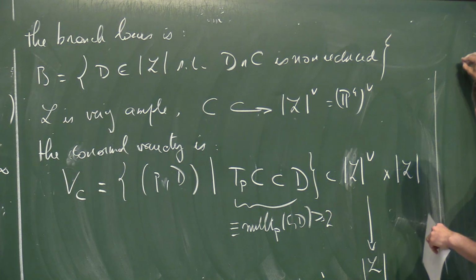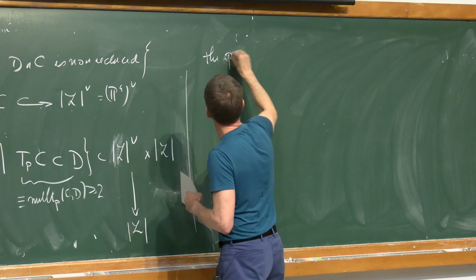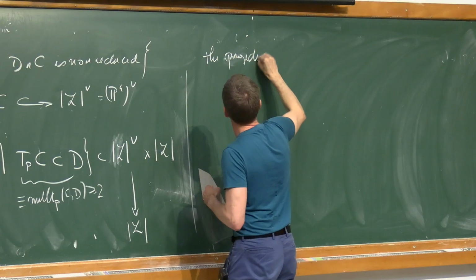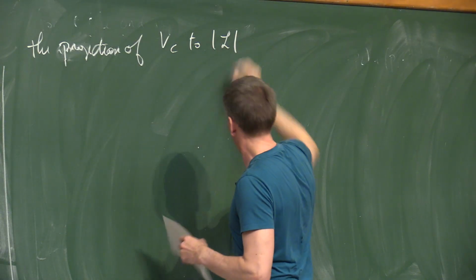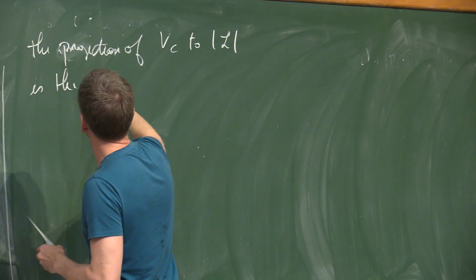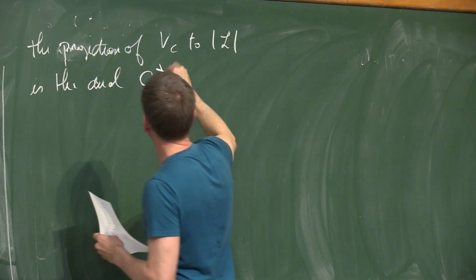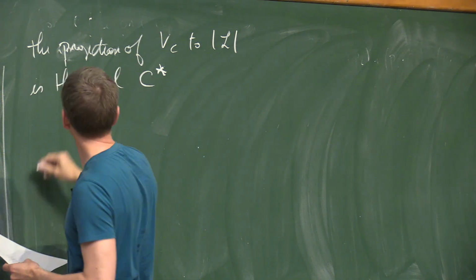So the image, the projection of V_C to L, is by definition the dual of C, and it is exactly the set of points where there is a tangency.